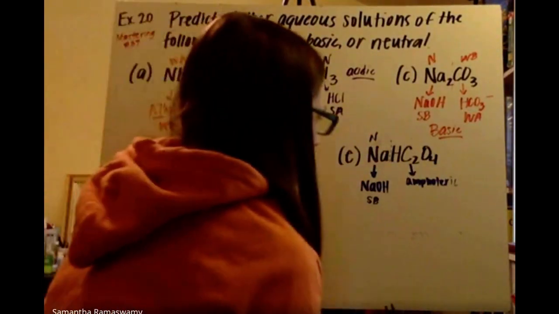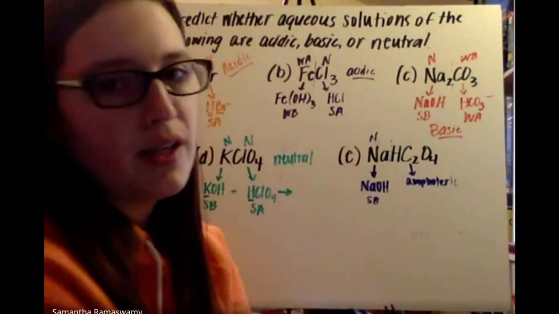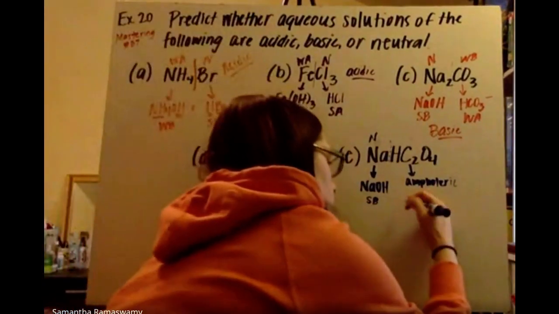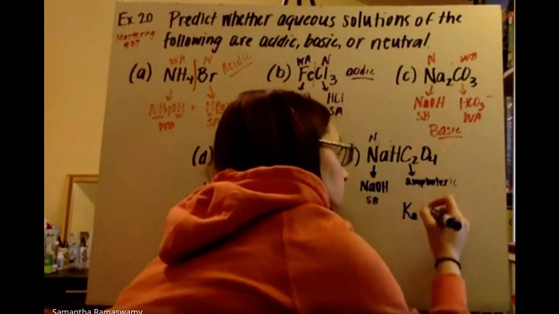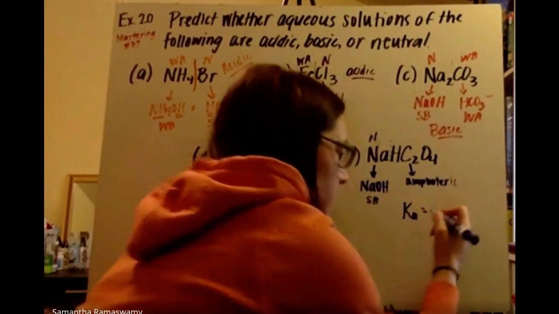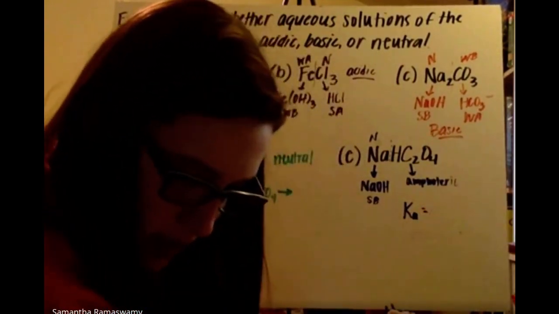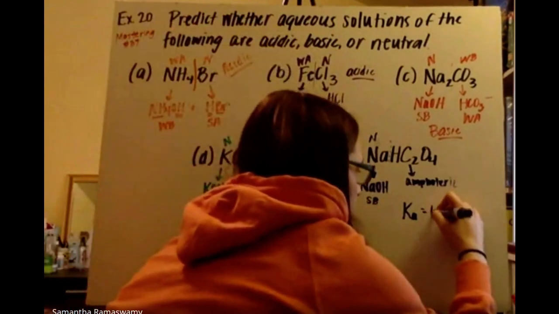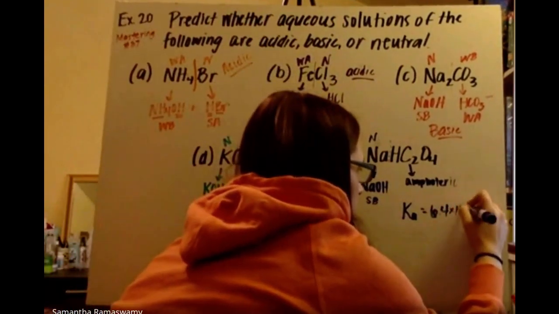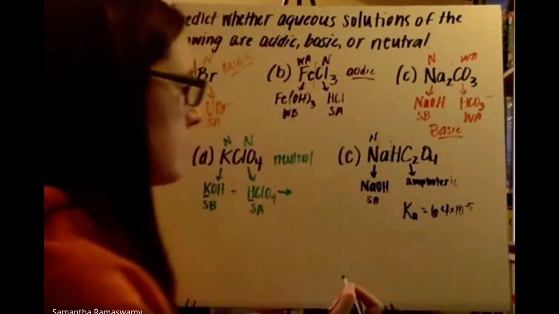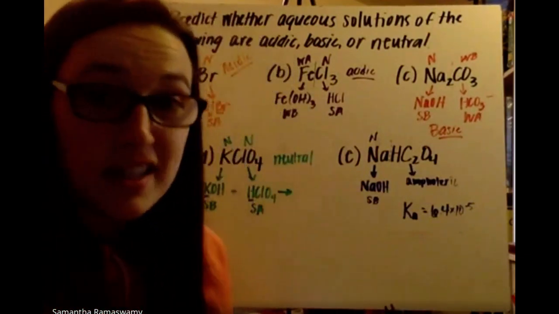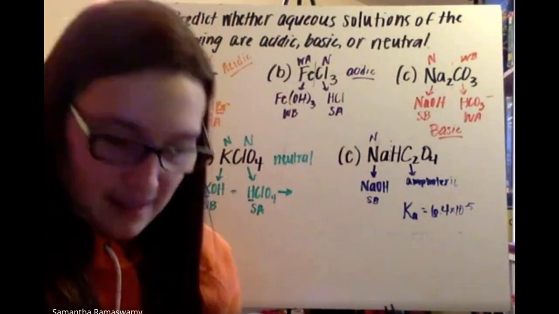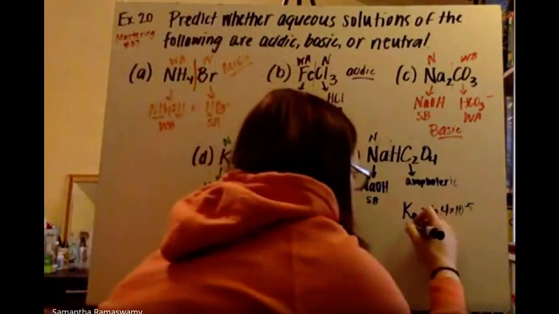So here's what I'm going to do. I'm going to give you the two values that we need to compare. The Ka value of HC2O4 minus is 6.4 times 10 to the negative fifth. The Kb value for HC2O4 minus is 1.7 times 10 to the negative 13.